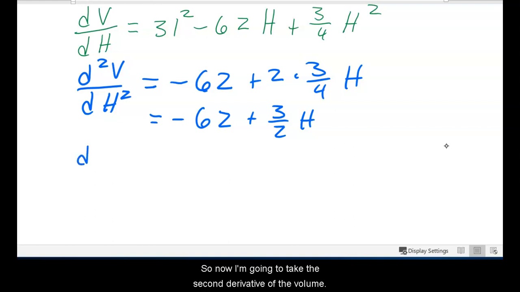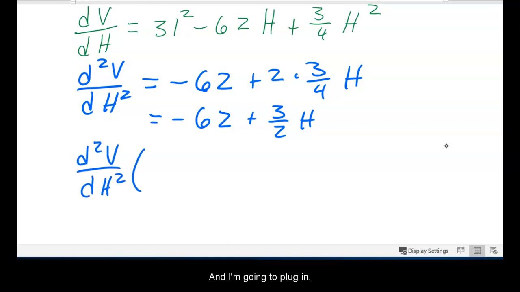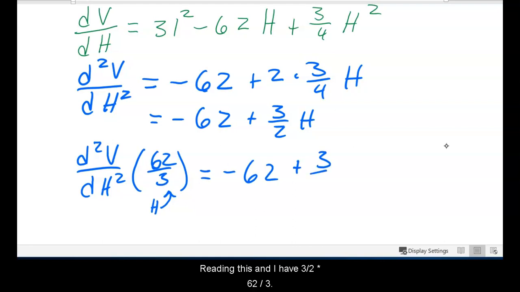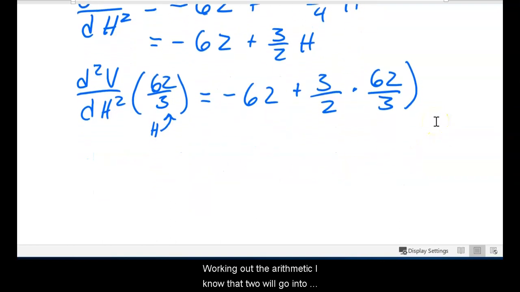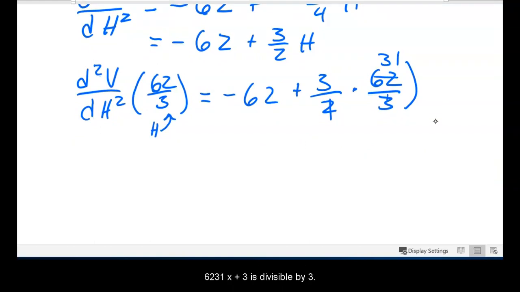So now I'm going to take the second derivative of the volume and plug in 62/3 for h. And I'm going to see whether I get a positive or a negative. By plugging this in, I have 3/2 times 62 divided by 3. Working out the arithmetic, I know that 2 will go into 62 31 times, and 3 is divisible by 3.